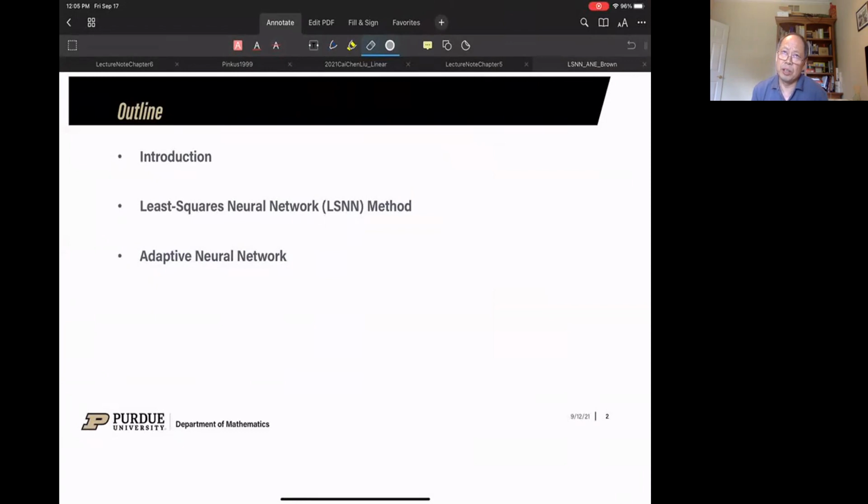When we use a neural network instead of a finite element, the same question arises: how do we choose the architecture? So the second part of my talk is about how to adaptively design a neural network for solving a given problem.